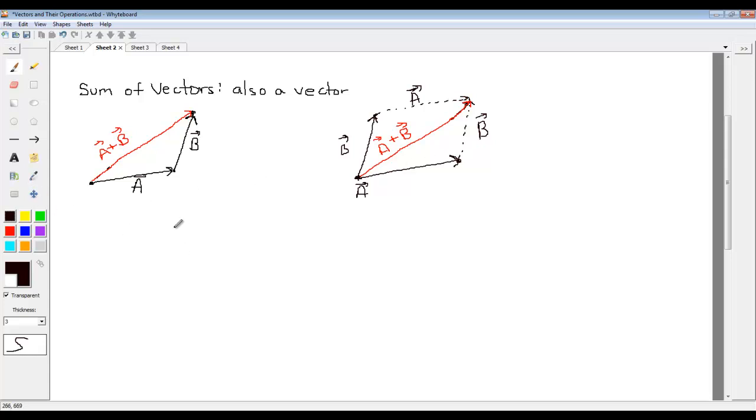Vector addition is commutative. A plus B is the same thing as B plus A. And remember, A plus B is the resultant vector.